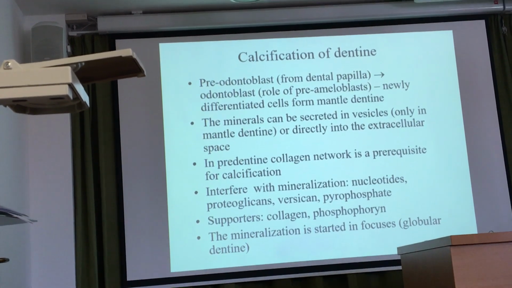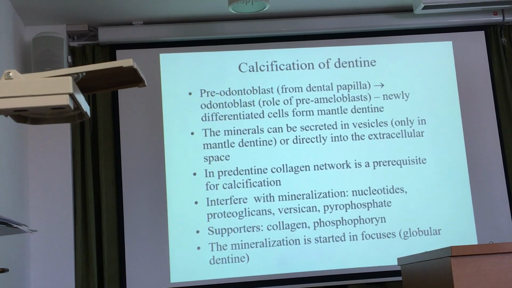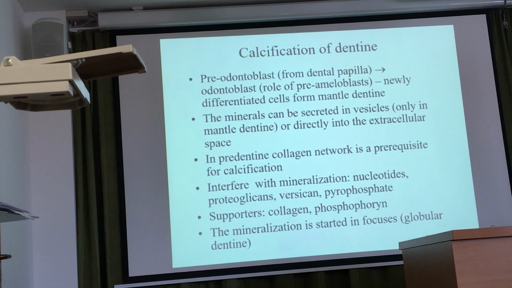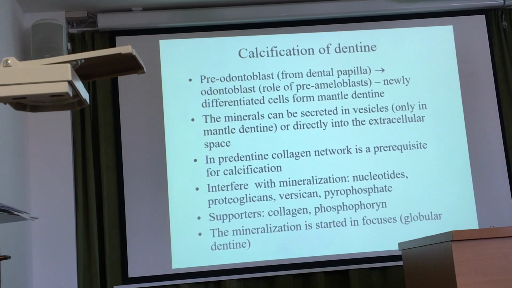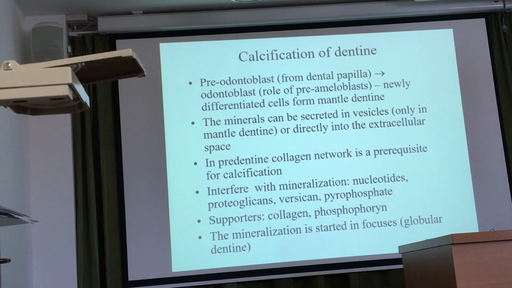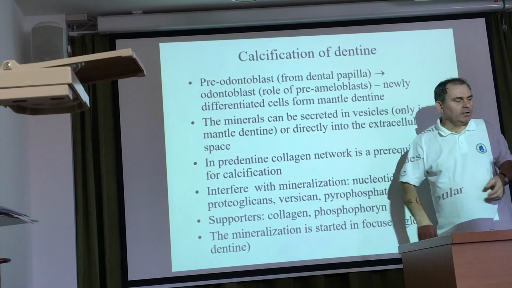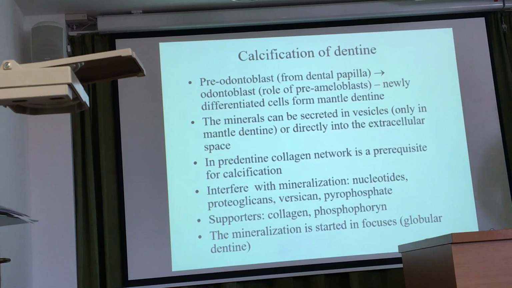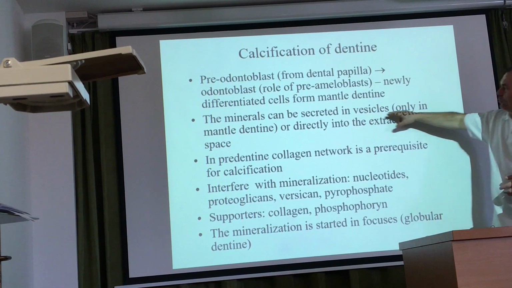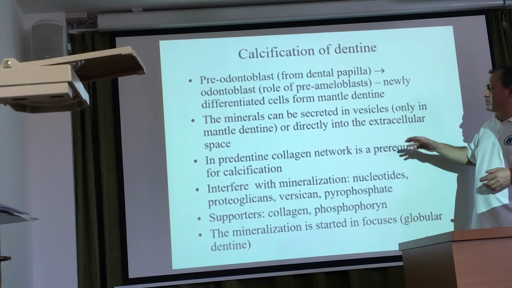So it means we need some core molecules, and onto the core molecule surface, some minerals, calcium phosphate crystals, we are depositing. This is the heterogeneous mineralization. But here in mantle dentin, we have a special mineralization type with mineralization vesicles.